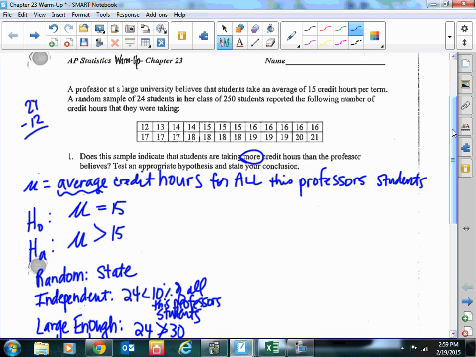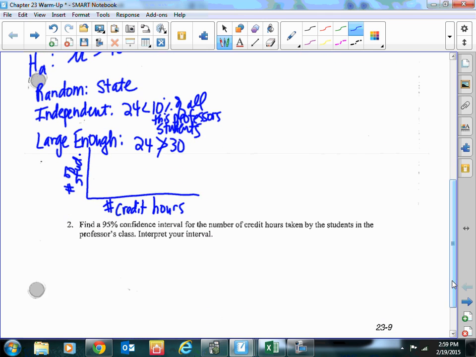Okay, so it's spanning a distance of 9, and I know I should have about 5 bars. I just want to do this as easily as possible. I'm going to make these go up every 2, and I'm going to say start at 12.